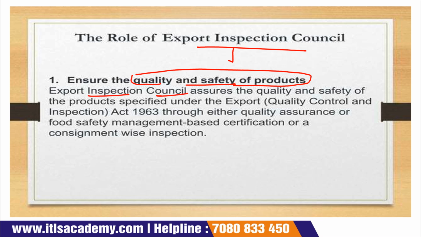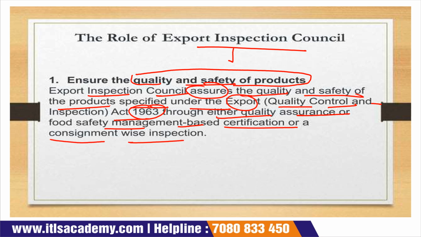The Export Inspection Council assures the quality and safety of the products specified under the Export Quality Control and Inspection Act 1963 through either quality assurance or food safety management based certification or consignment wise inspection. Okay, so what they have to do is ensure that the quality of the food is safe, and they also provide certification according to the inspection.